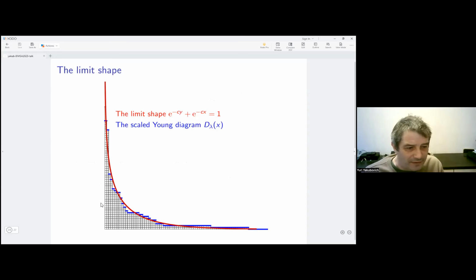I believe it is a random partition; I'm not quite sure what n is in this diagram, but anyway, this is a scaled Young diagram, and this function d of x is shown in blue, and the limit shape is shown in red. There are some deviations, definitely, but in the limit they disappear.